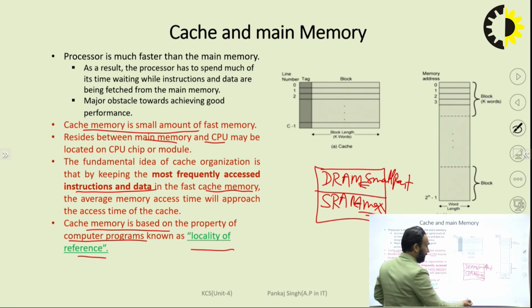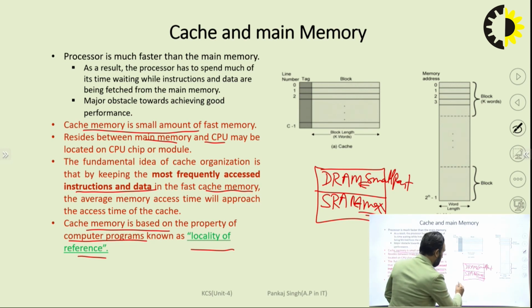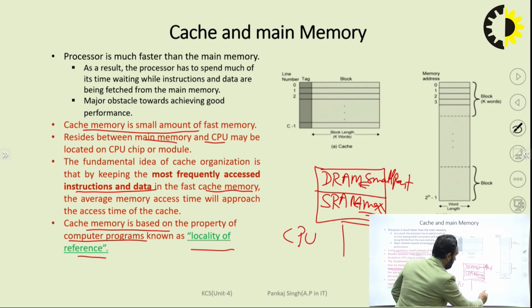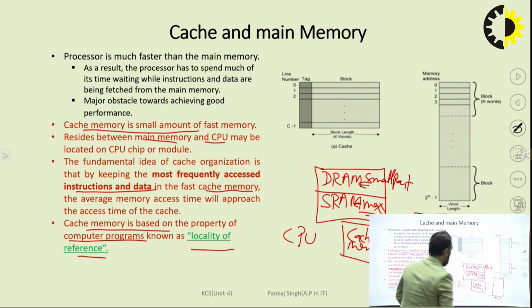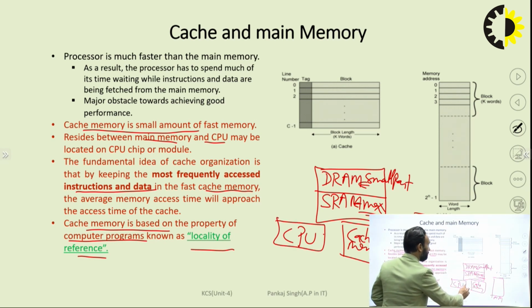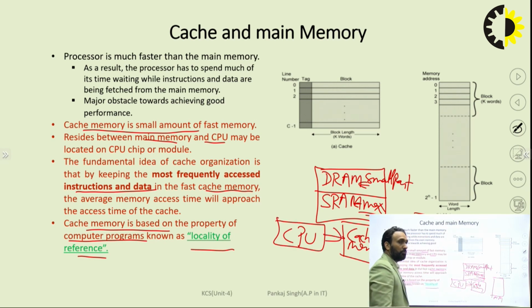And how is it located? The CPU, after that cache memory, and then main memory. So the CPU first requests the cache memory to identify any page, information or instruction.